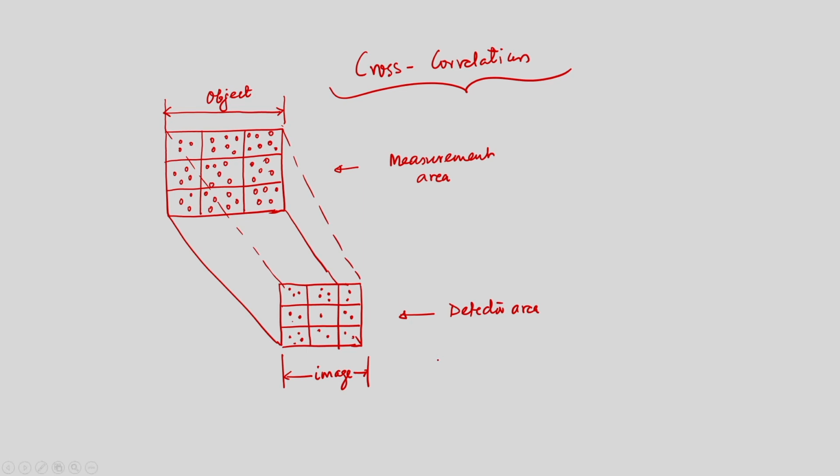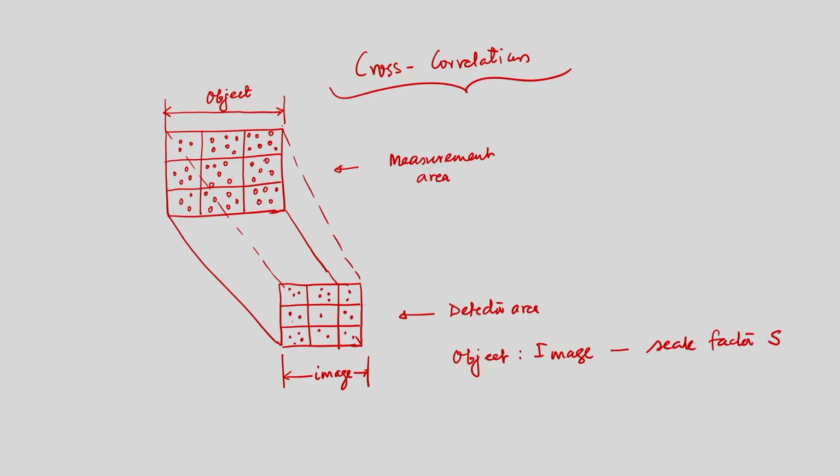Right, and we have defined from object to image a scale factor S. So, we are focusing on a particular zone in the flow field, that is the zone of our interest, and we are illuminating it using light and capturing the image from the object, and that is the detector area.